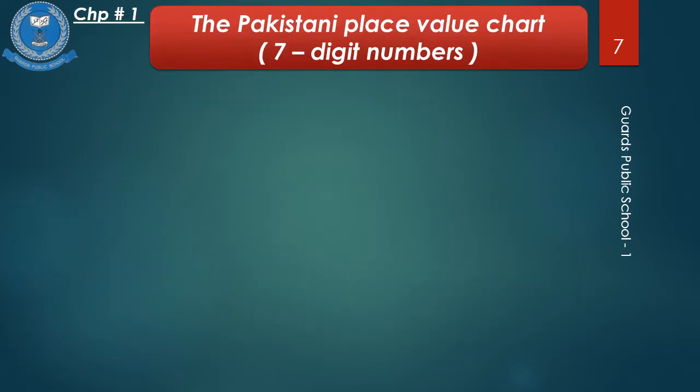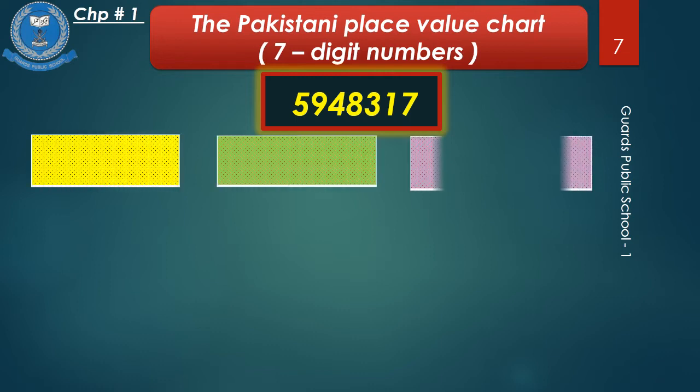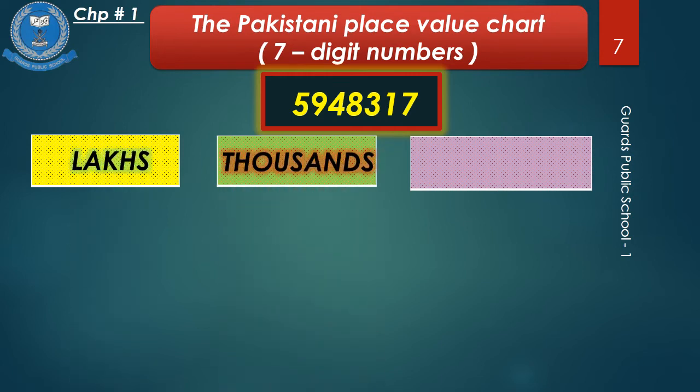Let's consider a 7-digit number to place in the Pakistani place value system: 5948317. As it is clear from the previous slide that there are three periods for 7-digit numbers in Pakistani place value system: lakh, thousand and unit period. Let's start reading from the right hand side, that is from unit period.